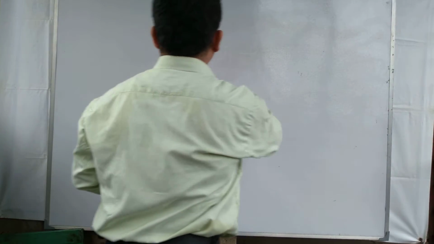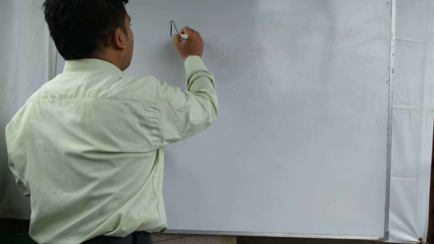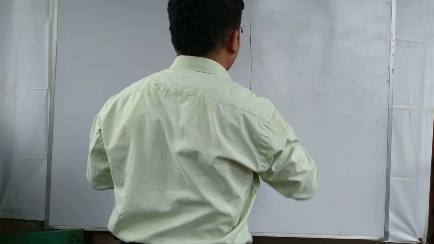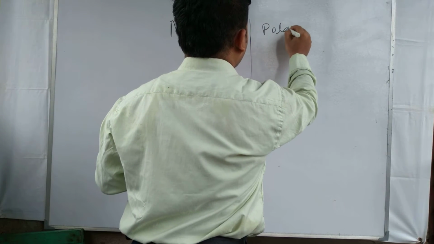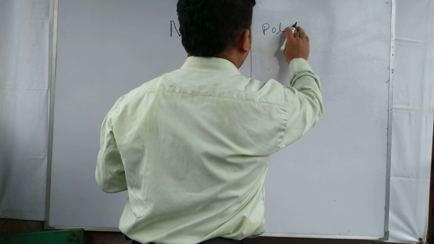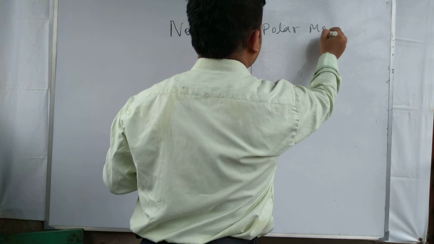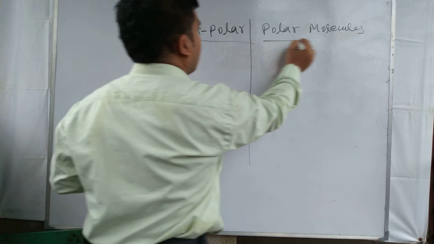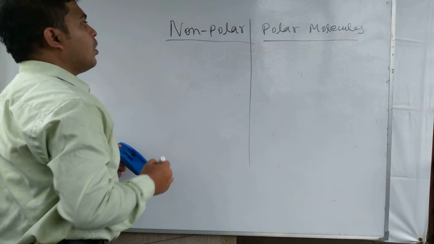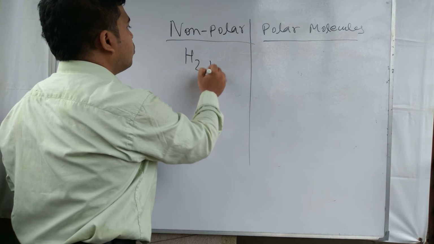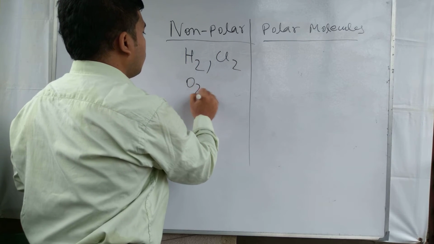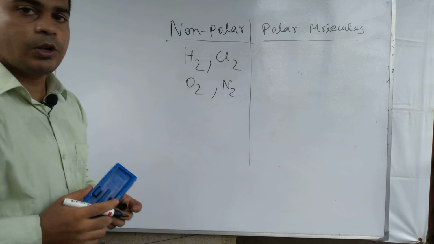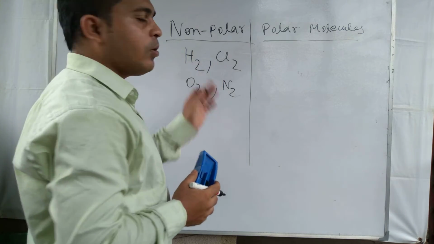Now we list some non-polar and polar molecules. Non-polar molecules are like H2, Cl2, O2 and N2. These are homoatomic molecules, where similar kinds of atoms are present.